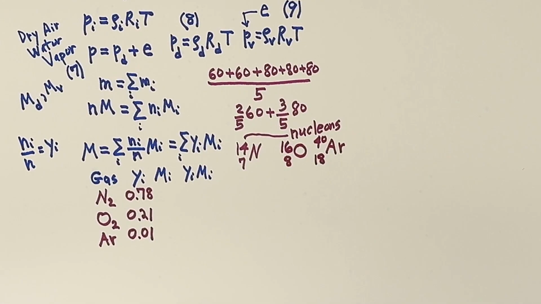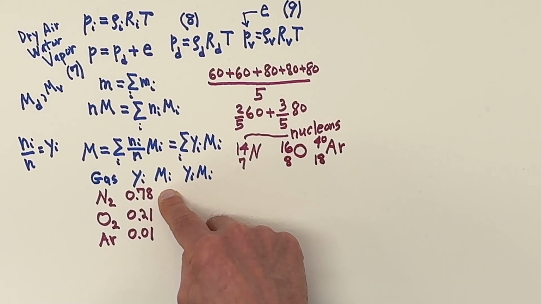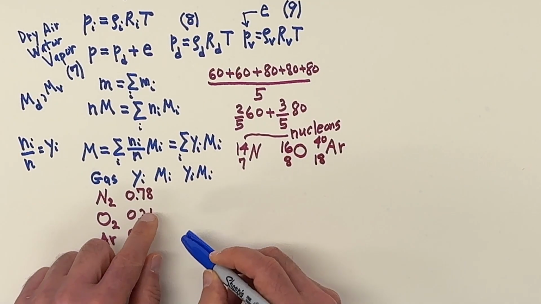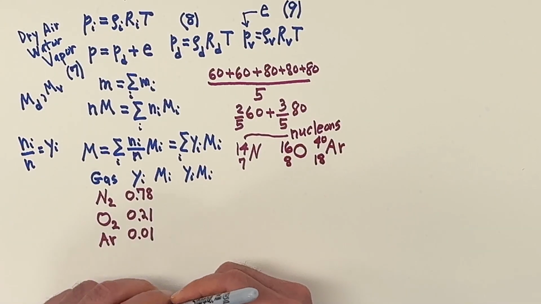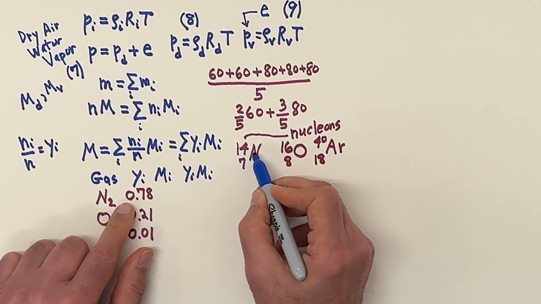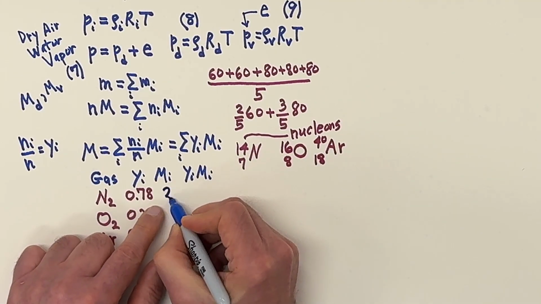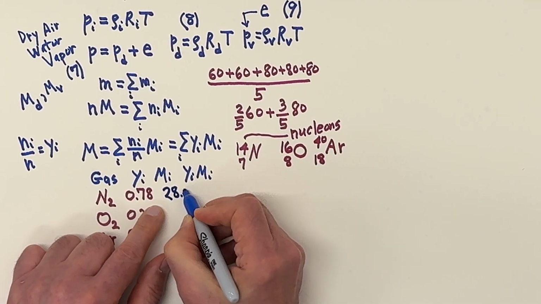So what we want to do next is figure out the molar mass. For the molar mass of the nitrogen, we're going to have 2 of the nitrogen atoms, so that'll be a 28. So this is 28, all right?